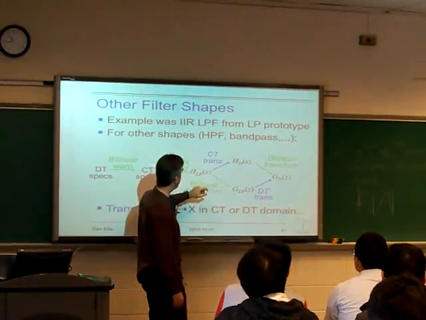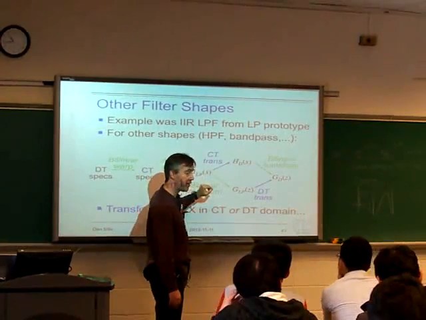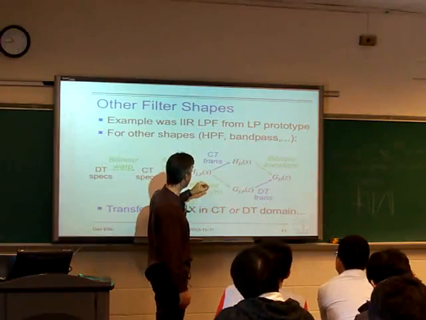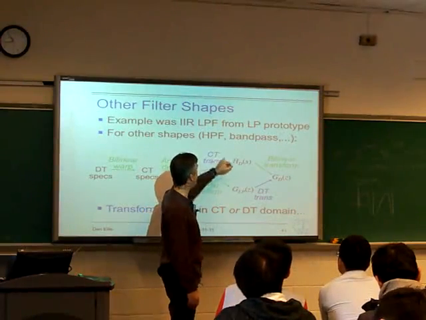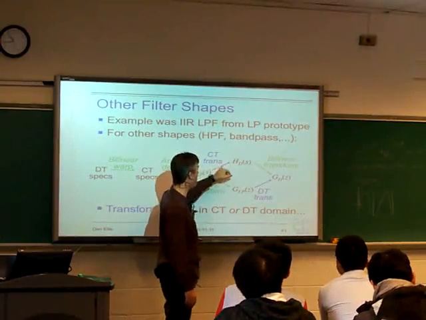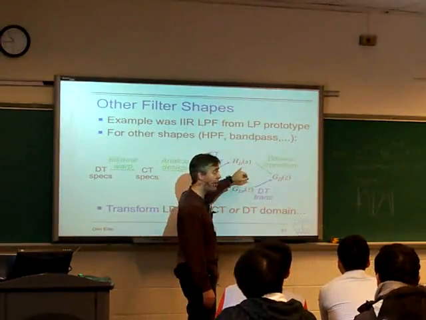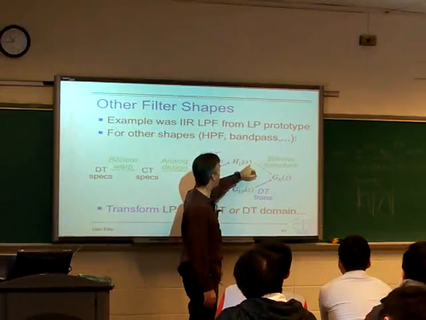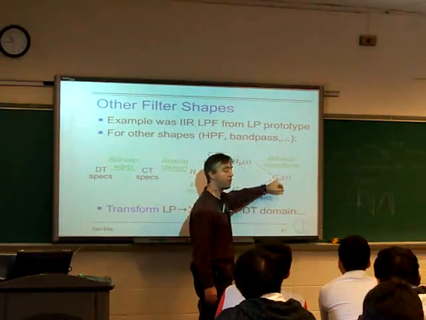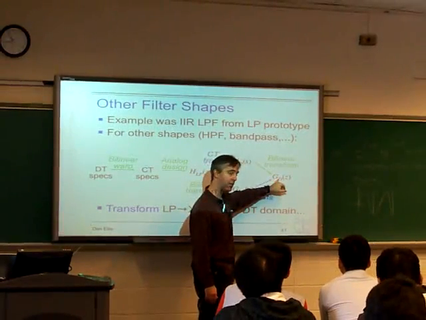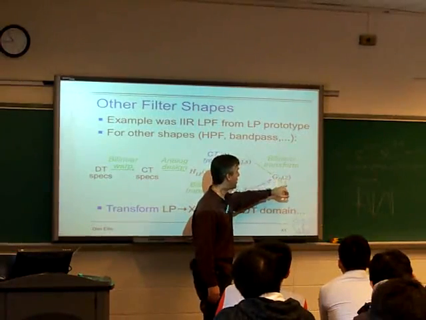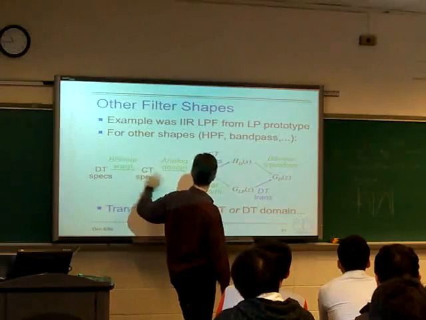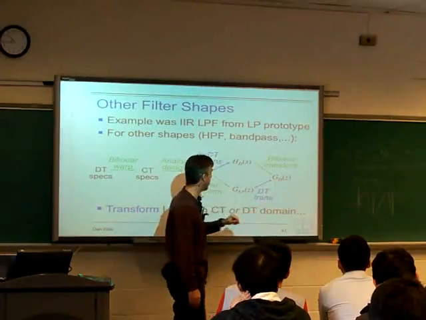And then, the normal thing we do if we wanted to design a high-pass filter in the analog domain, we'd have some transformation which takes a low-pass prototype, converts it into something like a high-pass or a band-pass. And then we could just plug in our bilinear transform, which would map us into our discrete time domain, undo this warping, and give us the filter that we needed.